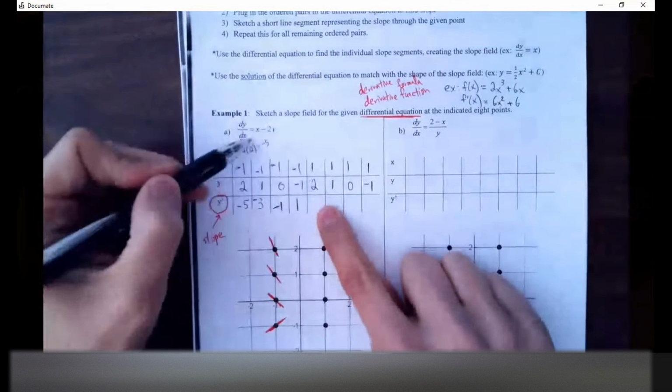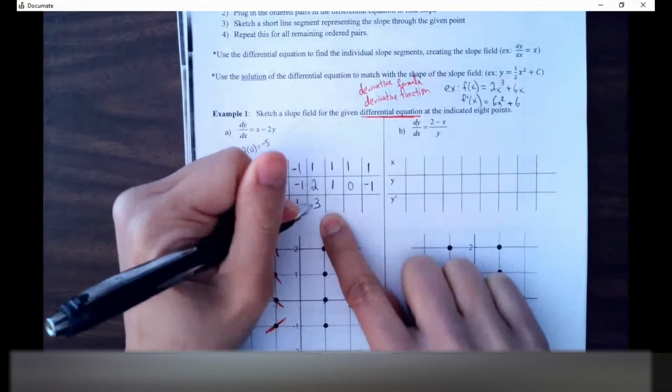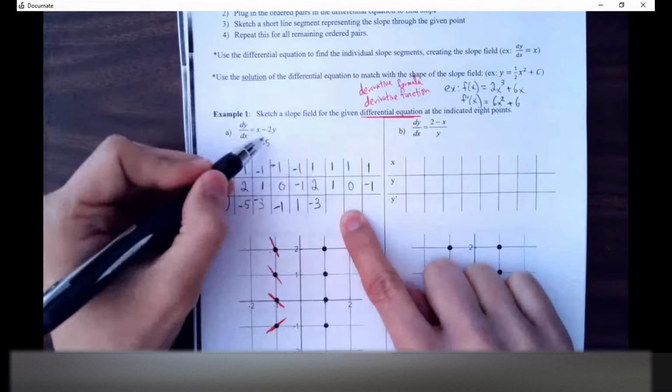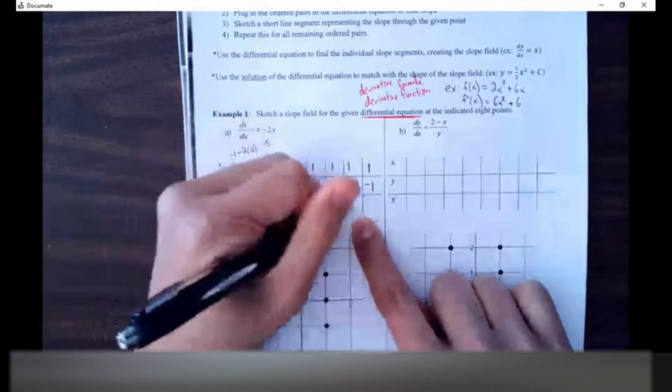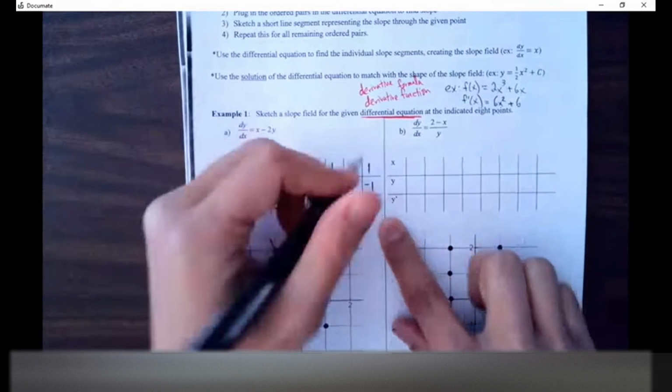So if I put 1, 2 in, I get -3. If I plug 1, 1 in, I get 1 minus 2, which is -1. If I plug 1, 0 in, 1 minus 0 is 1. If I put 1, -1 in, I get 1 plus 2, which is 3.